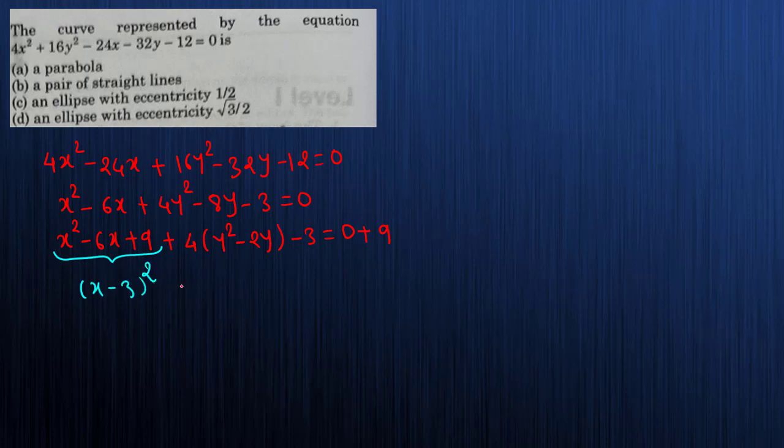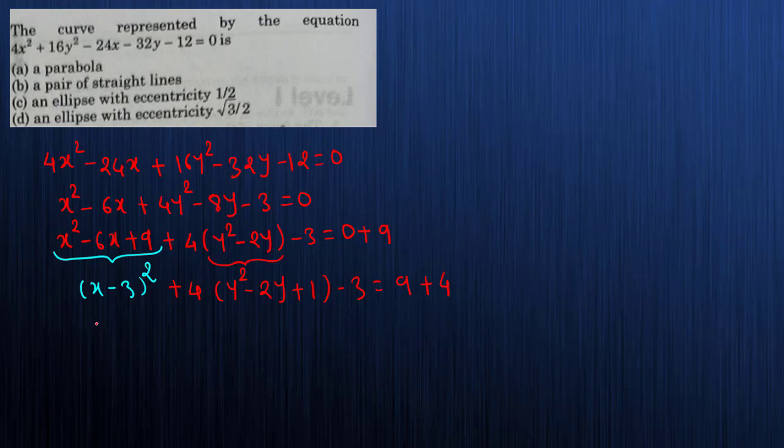Okay, now again in this bracket I am doing some arrangement. So y square minus 2y plus 1. Plus 1 you are adding, means what? You are adding 4, actually it is 4 into 1. It is 4 minus 3 is equals to 9 plus 4. As you have added 4 here, you are balancing the 4 on the RHS side.